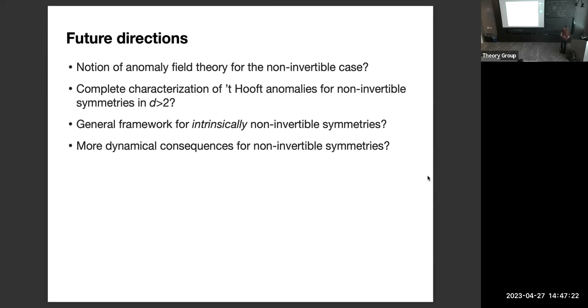This is what allowed me to explicitly compute the symmetry TFT as a Dijkgraaf-Witten action, where I can explicitly compute everything nicely. Some people call that a non-intrinsic non-invertible symmetry. In cases where I don't have such a connection, those are of course very interesting as well.